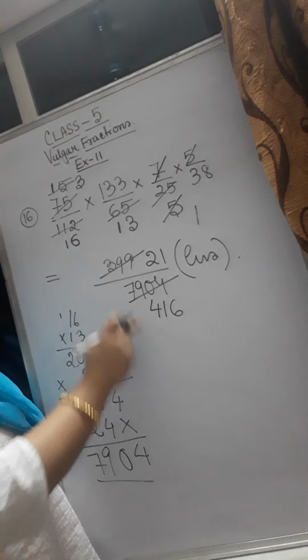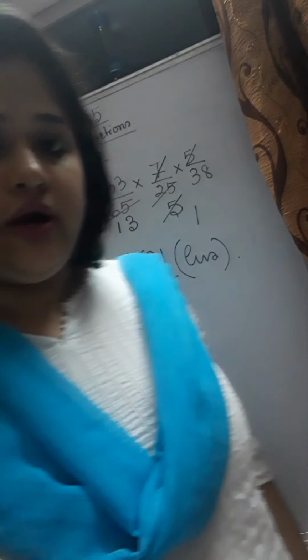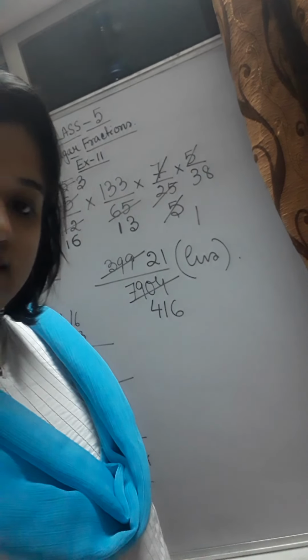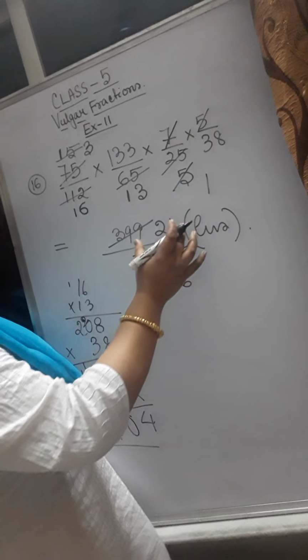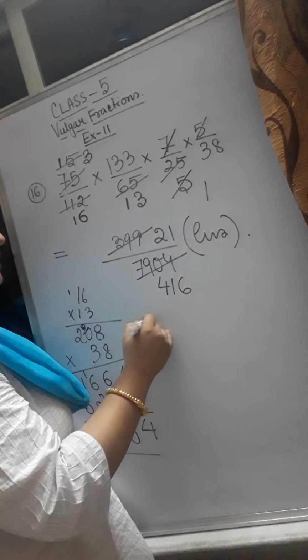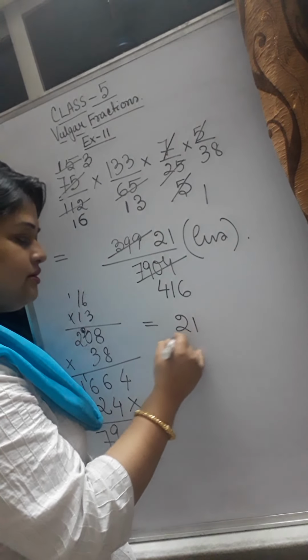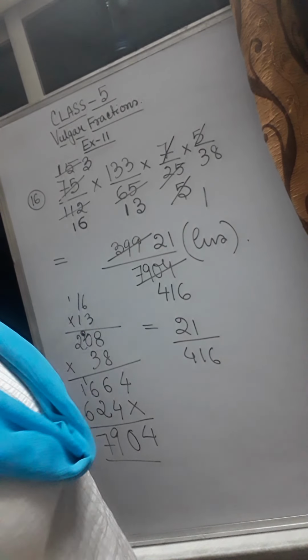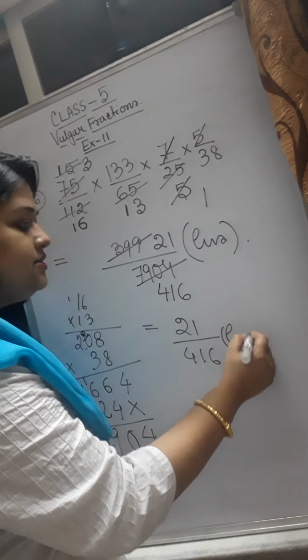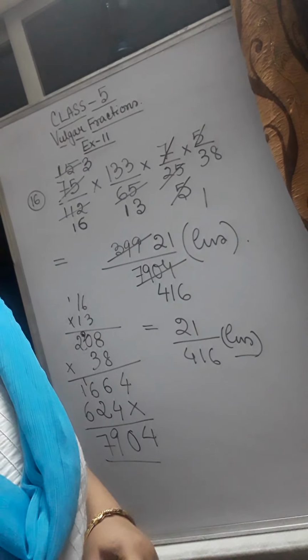So both the numbers were divisible by 19. I wanted to make this clear at the start of the video that you have to reduce, and the lowest form that you get is 21 by 416, and this will be your answer to question number 16.